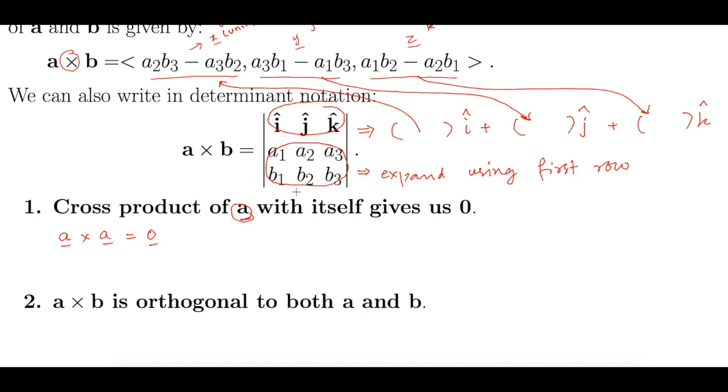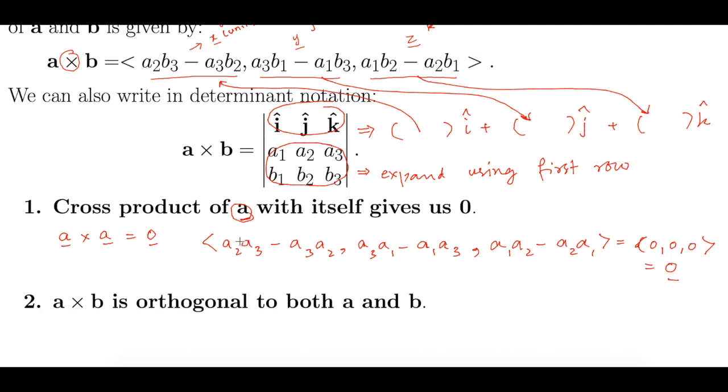So if we do that, all we have to do is replace these B's by the corresponding A's: A2 A3 minus A3 A2, A3 A1 minus A1 A3, A1 A2 minus A2 A1, which is equal to 0, 0, 0, which is the zero vector. This is because each term cancels out with its counterpart. So this is proved.